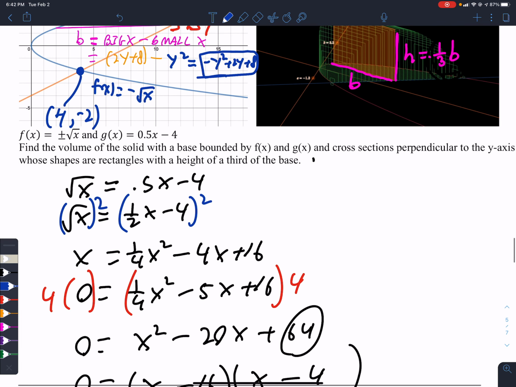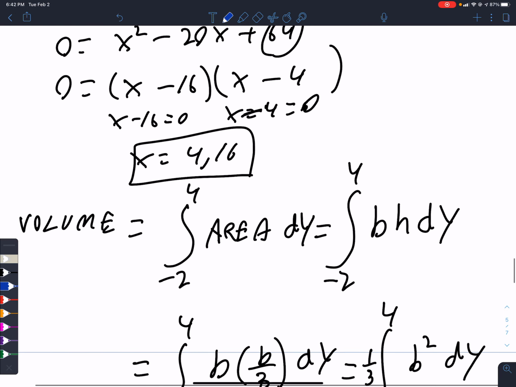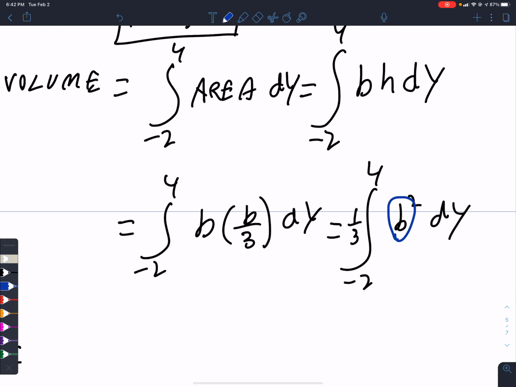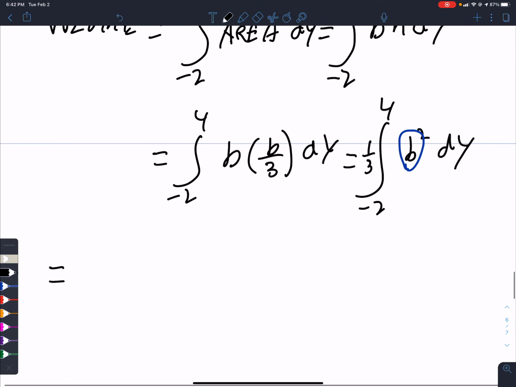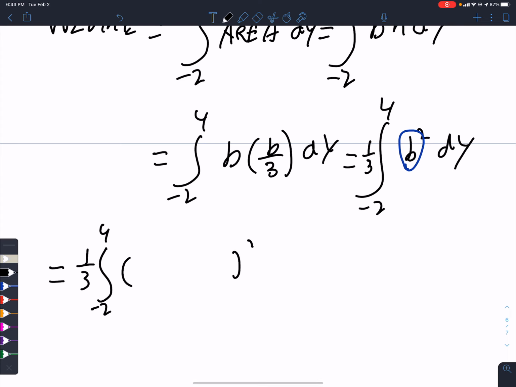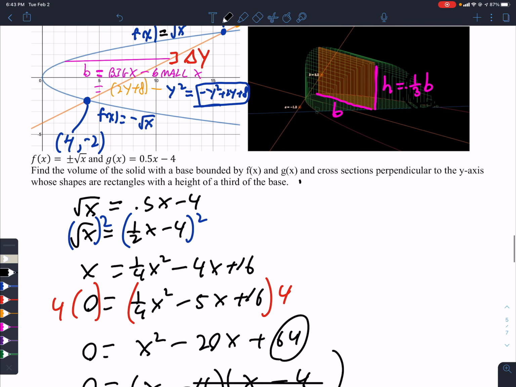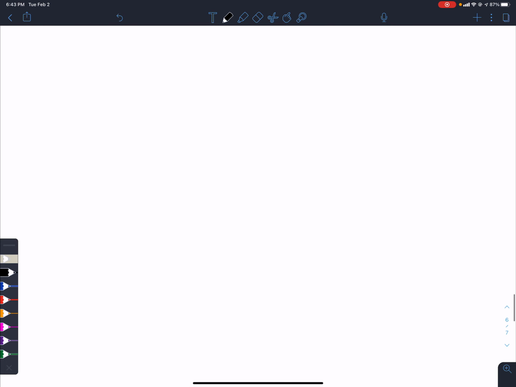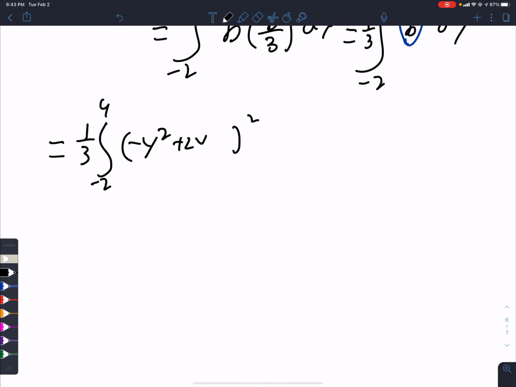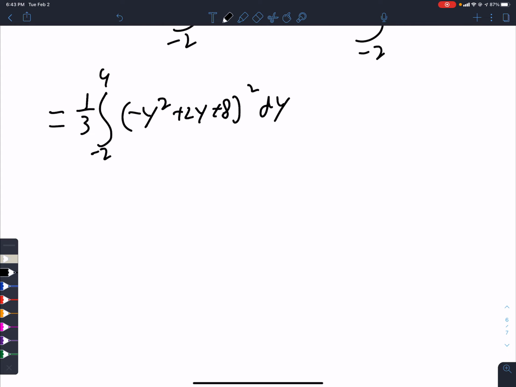So I'm going to place that in for b here. This is going to get crazy. It's going to be kind of ugly looking, but it's okay. I'm going to get this huge expression, and hopefully I don't make an error here, but I'm going to go down below and square this.